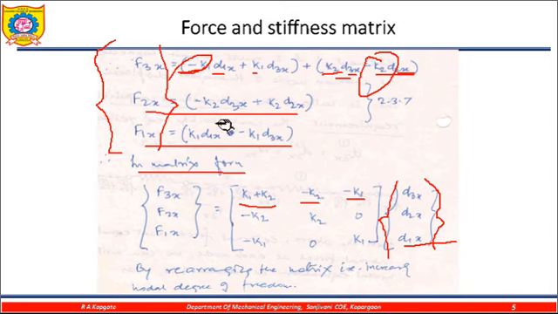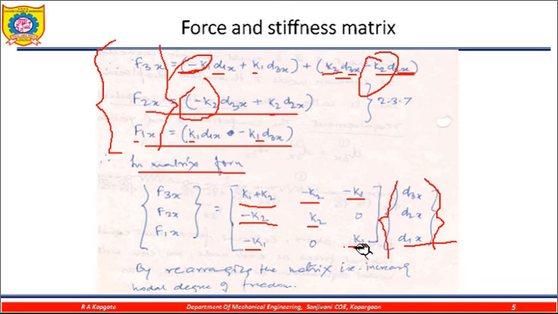Similarly f2, that is d3x, so this is minus k2, I am writing here minus k2, and d2 is plus k2. Now the last term, that is f1x, that is k1 d1x, then k1 d3x, so that is minus k1, this is plus k1 d1x, and this one is minus k3 dx.